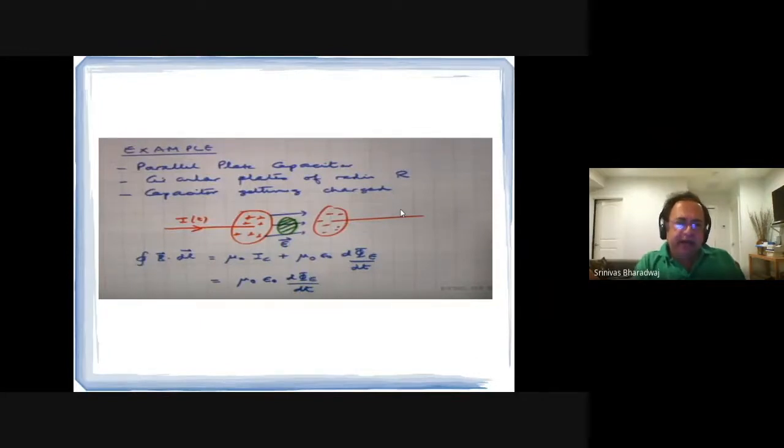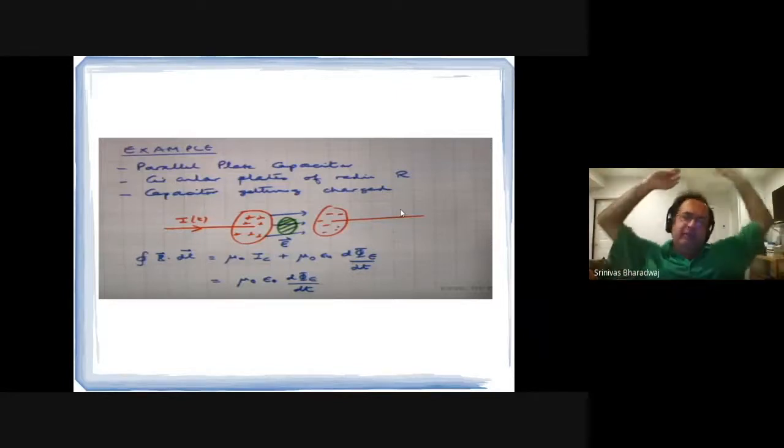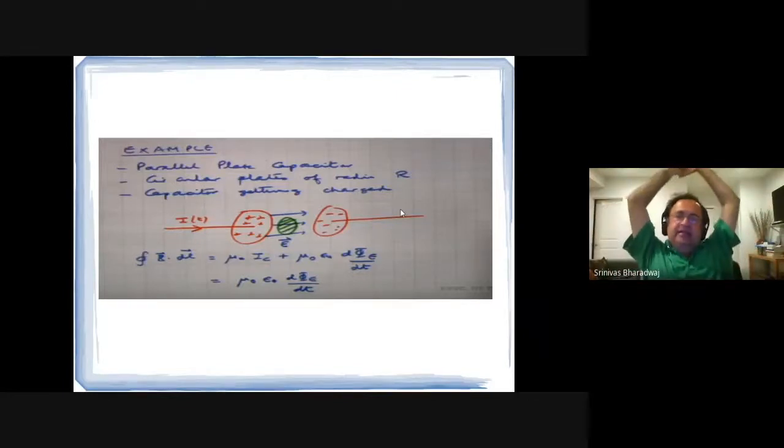And where does that happen? If there is a parallel plate capacitor in the circuit, what happens in a parallel plate capacitor is there is not an actual flow of electrons, but there is still a current. How does that happen?